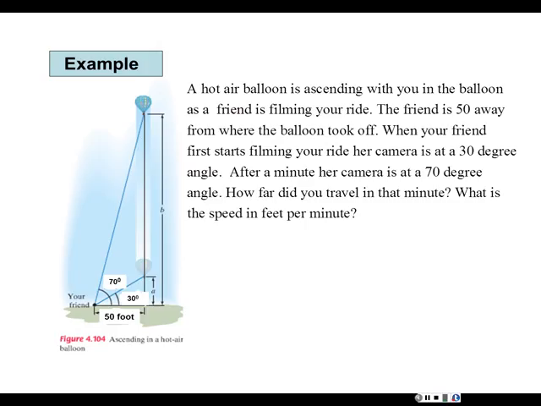Here a hot air balloon is ascending with you in the balloon as a friend's filming your ride. Now someone is in the balloon and someone is filming. Let's say the person who is filming is here at the ground, and the other person is at the balloon.